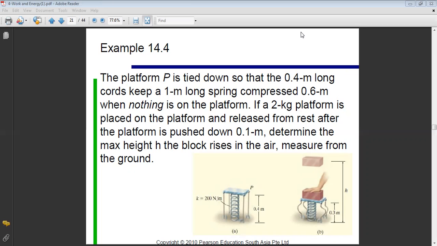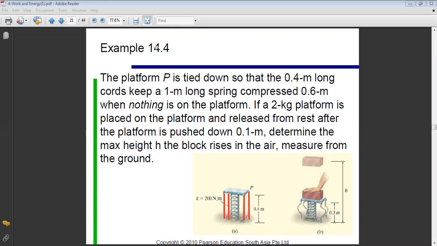So what do we have in this problem? We have a certain spring that is compressed by force because of these cords here. So if you look at your figure, you have 4 cords that are keeping my spring compressed because the unstretched length of my spring is 1 meter, while the cords will force it to be always, if I don't put anything on the plate, the length of my spring is 0.4 meter, while L0 is 1.